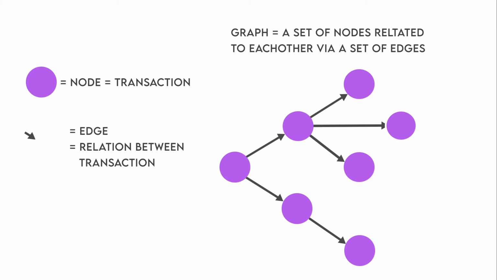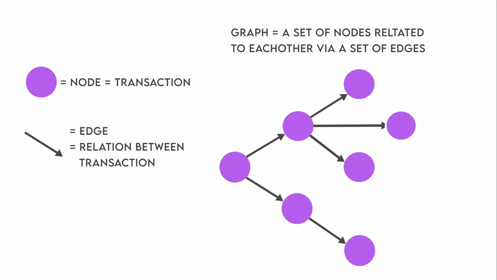And then each edge are these arrows, and you can see these lines with arrows that they have a direction. That's going to be very important in a few minutes. So each of these transactions are related to each other, and the direction of these arrows kind of tells us how they're related.